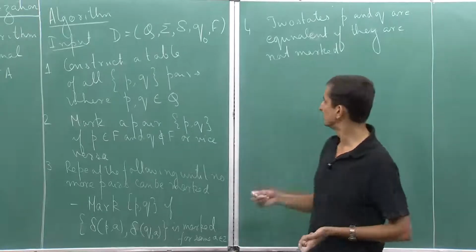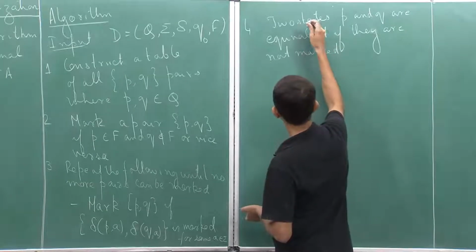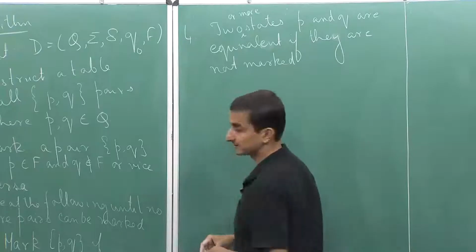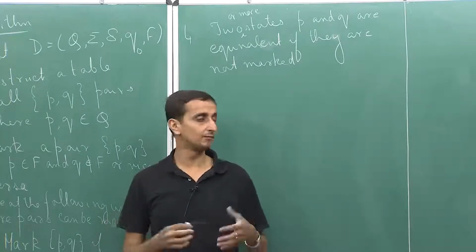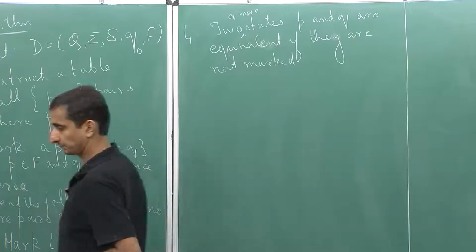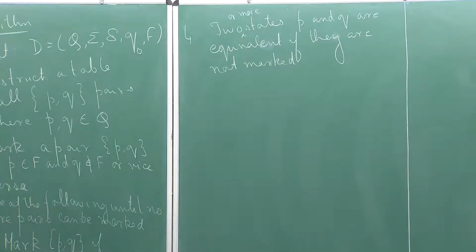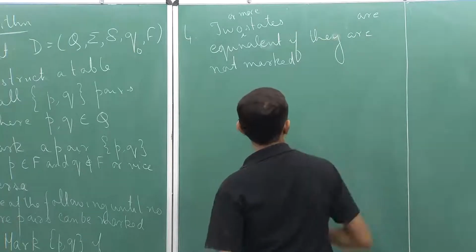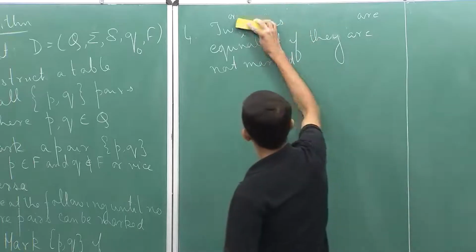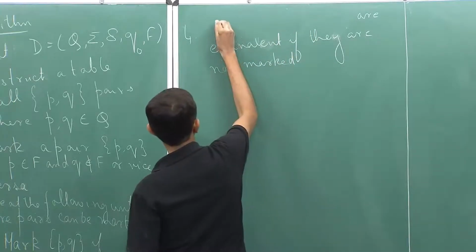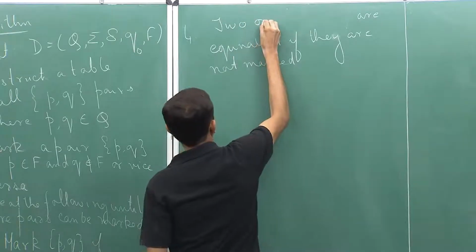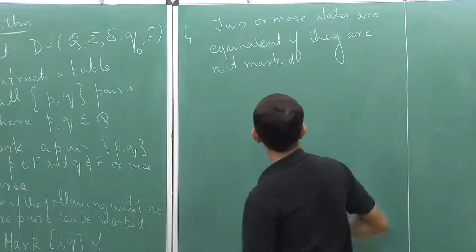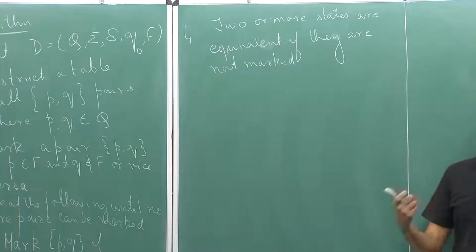It can be more than two also, so two or more states are equivalent, for example p, q or p, q, r, if finally they are unmarked.